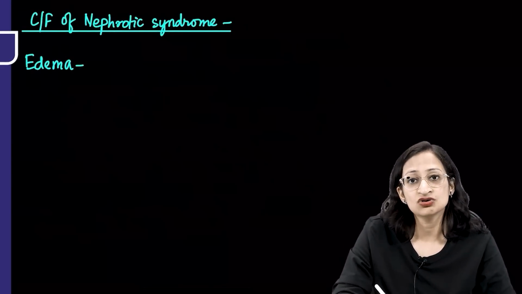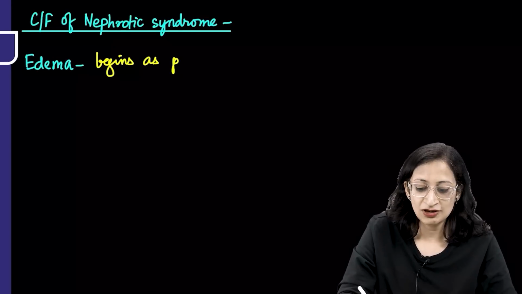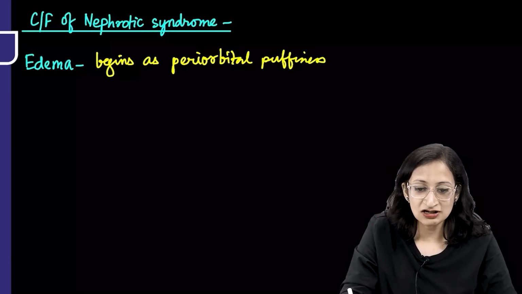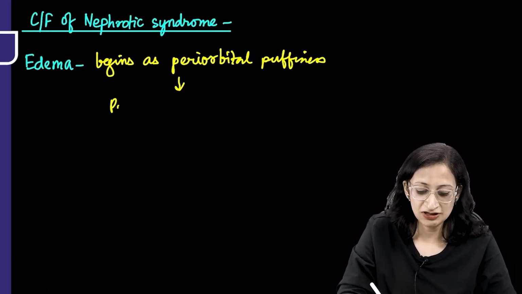This edema usually begins as periorbital puffiness, or puffiness around the eyes. It gradually extends to pitting pedal edema.